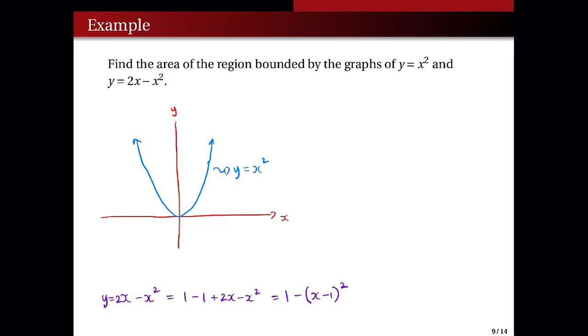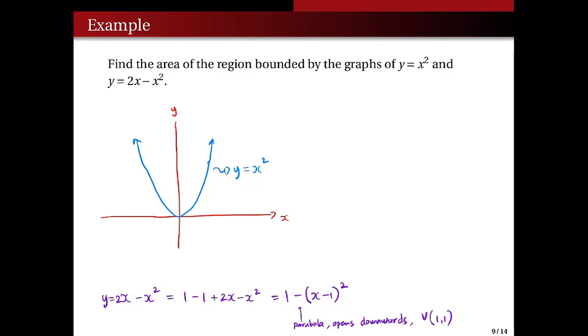And the graph will be, so here, this is a parabola. The parabola opens downwards. The vertex will be at (1, 1). So I hope you recall this.